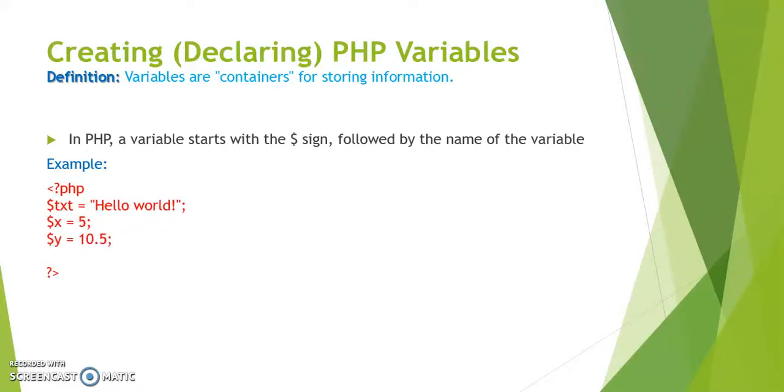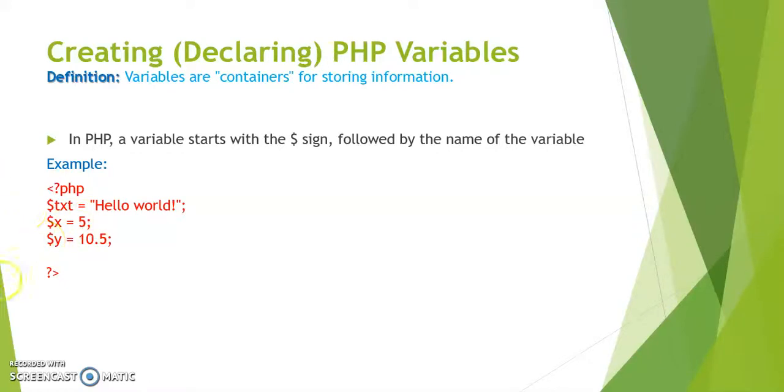We define a variable txt and we assign "Hello world" to it. And here we also define a variable x and we assign 5.